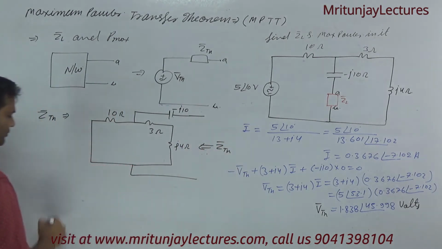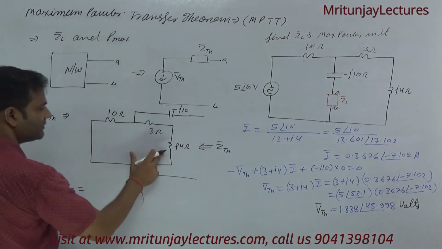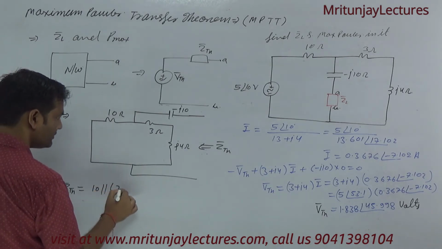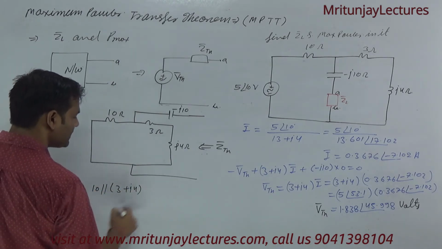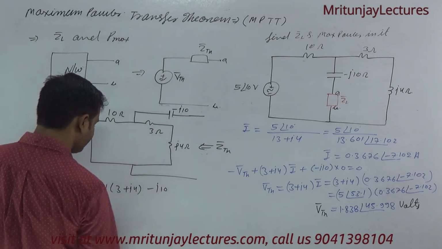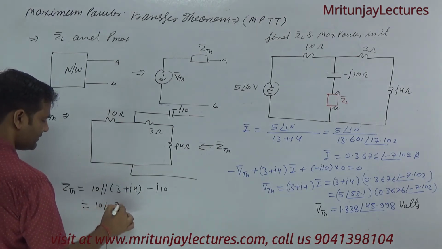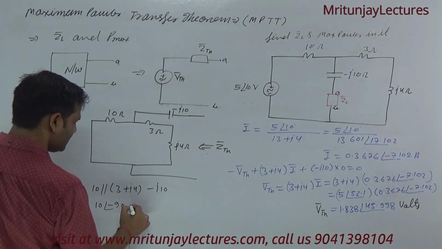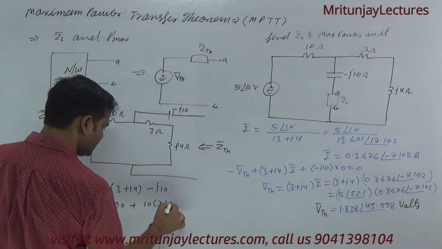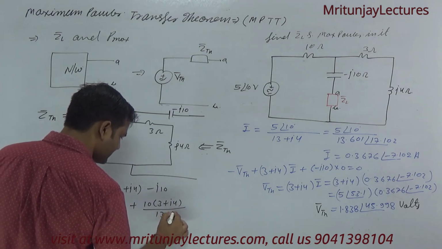So what about ZTH? It is written as: this one and this one are parallel, so 10 is parallel to 3 plus j4 and minus j10. This is written as 10 at the angle minus 90, plus 10 into 3 plus j4 divided by 13 plus j4.